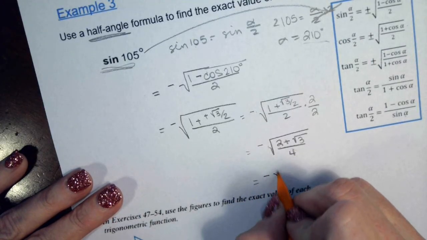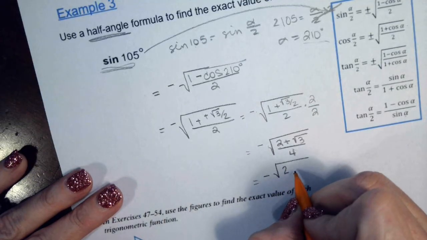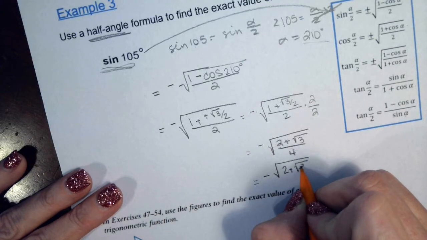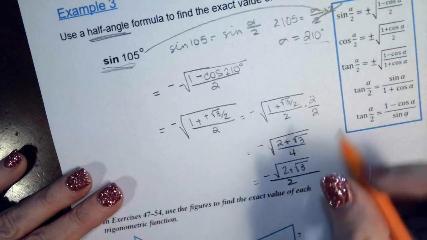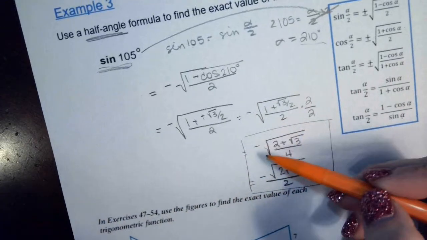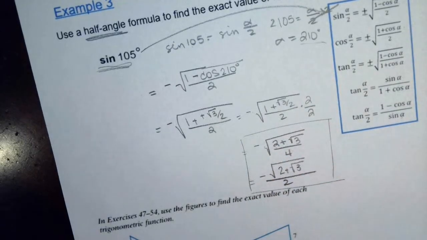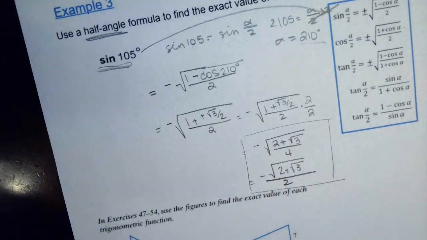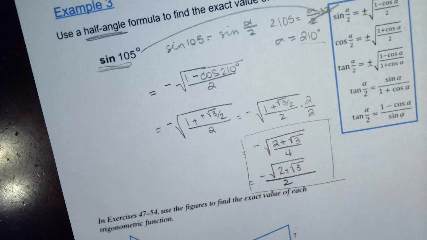So then we've got negative square root of 2 plus the square root of 3 all over 2. I would accept both of these for full credit. Just make sure that either one is negative because it is in that third quadrant.